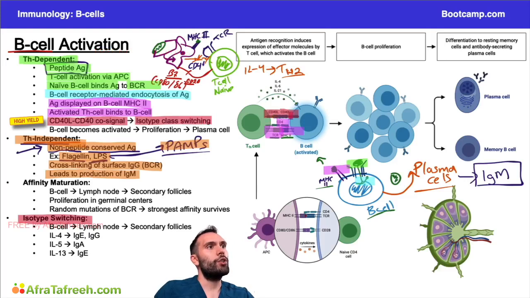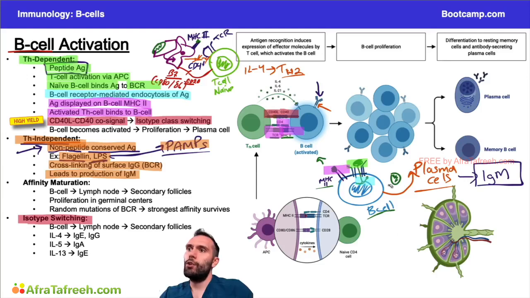So it essentially will cause this antibody to change its heavy chain. Okay, so remember, you have a variable region out here that binds to a very specific antigen, and then you also have another region down here that's the heavy chain. So the heavy chain will tell you, are you dealing with IgE, IgA, IgM, but the actual variable chain is what binds to that specific component of a pathogen.